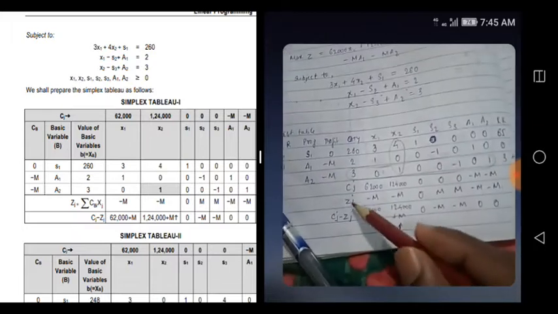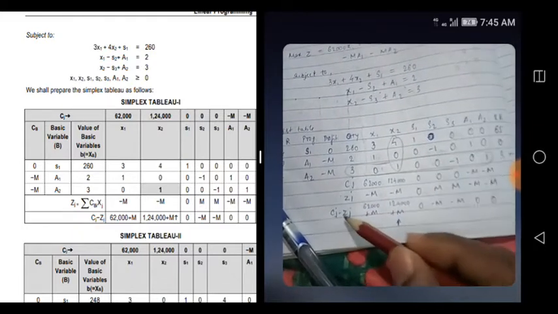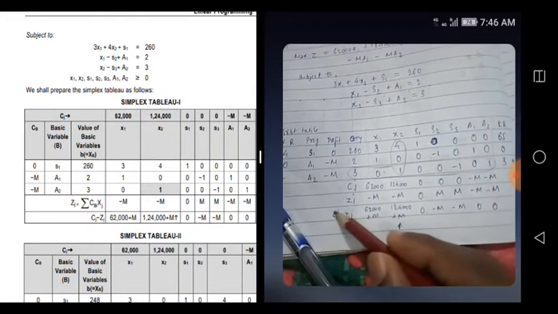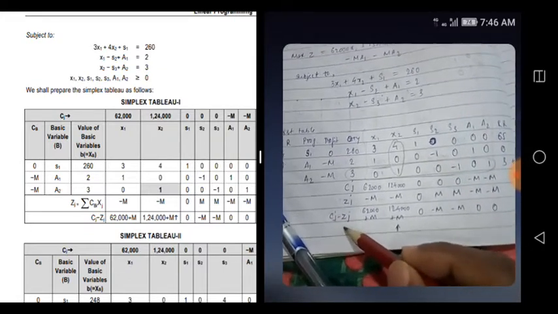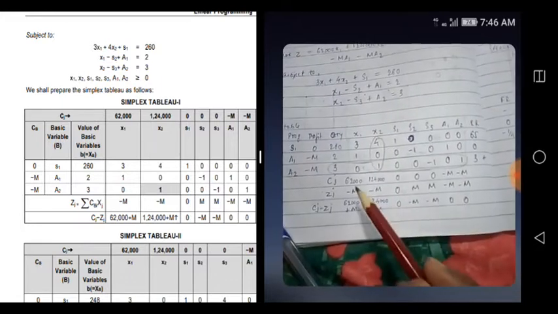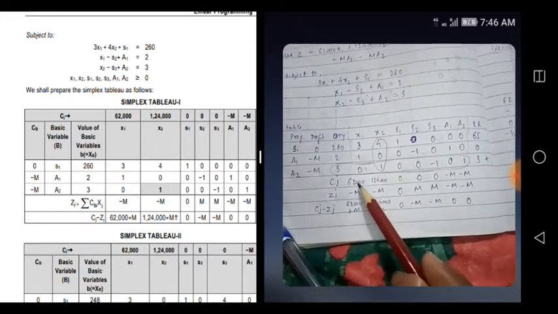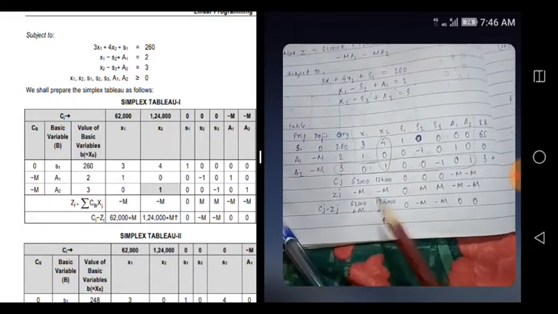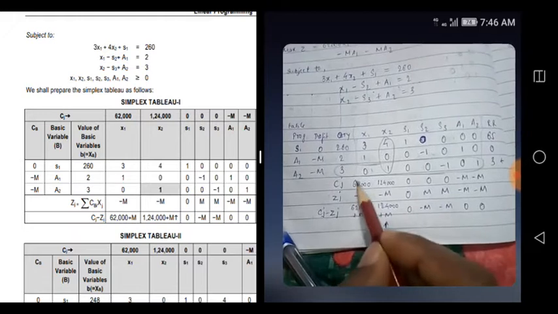Then after that you have to do Cj minus Zj. This is also called NER, that is net evaluation row. In this, what you have to do is Cj minus Zj.